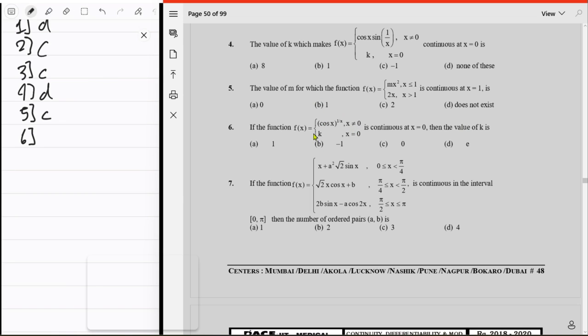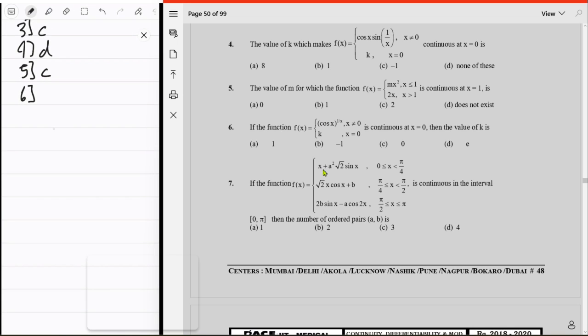Okay, if this function is continuous at x equal to 0, then the value of k should be... so at x equal to 0, as x approaches 0, what is this thing going to be? It's like 1 power, yeah, I get it, so cosine x power 1 upon x, right? It's like 1 plus cosine x minus 1, whatever this thing is, positive or negative, it's approaching 0. That's what you should be thinking about.